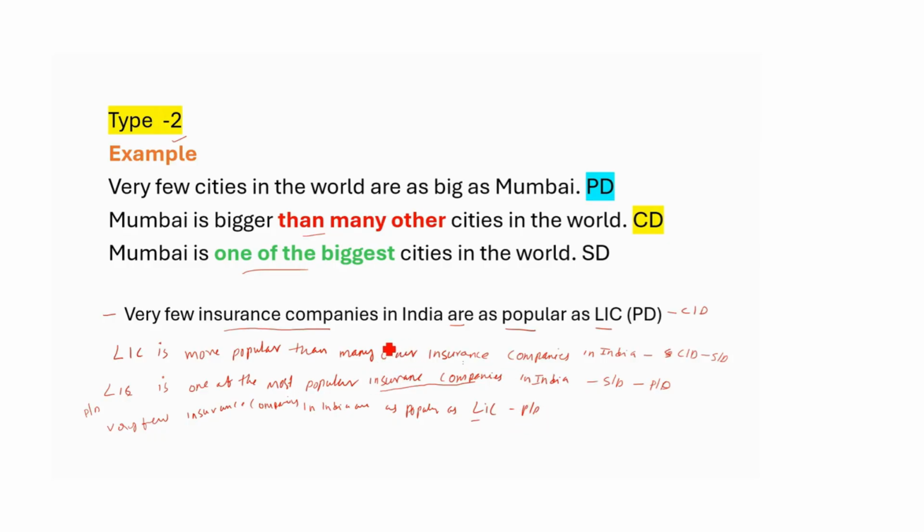So first you have to identify the subject, and write that subject after "very few". Then you have to write the remaining sentence. With practice, you will get it. Don't worry about it. You will practice more sentences, and definitely you will get the idea. So first of all, you have to read the rules and keep those words in mind. Then you can do it. When we observe a sentence, first we have to remember what rules we apply in type 1, and what rules we apply in type 2.